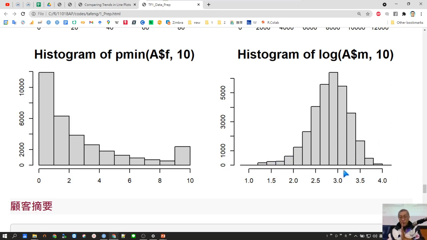But most of the people are buying around here. You see that the distribution is around 3, log 10 of 3, which means 1,000. Most of our customers, when they come to us, their average buying amount is around 1,000.